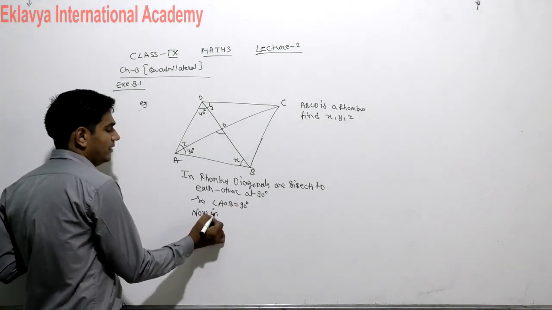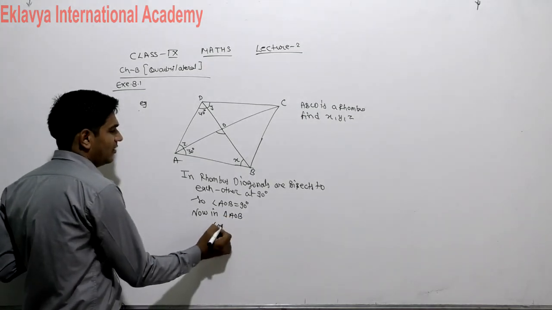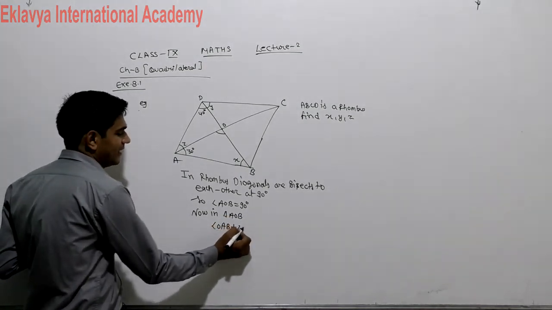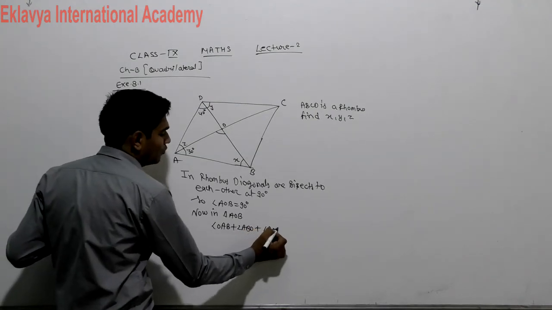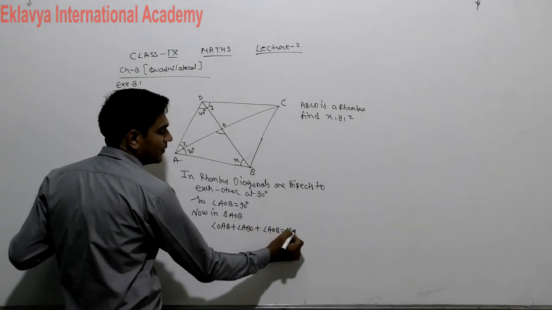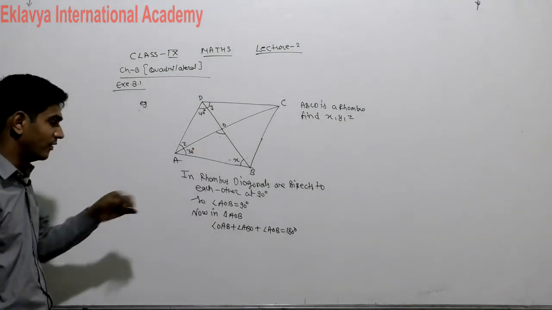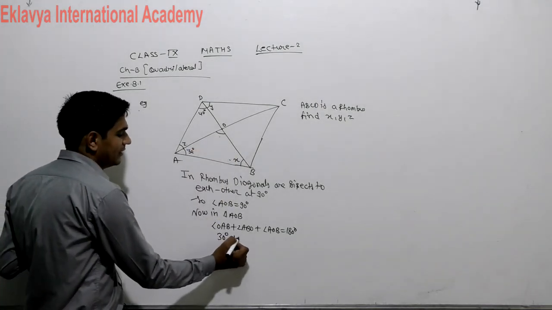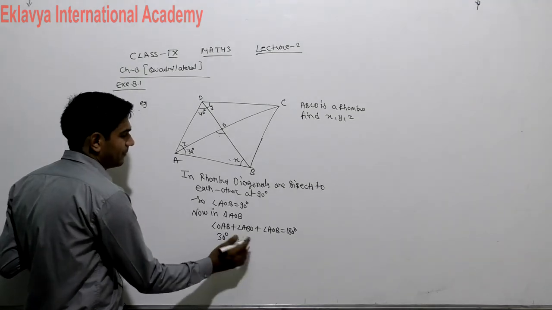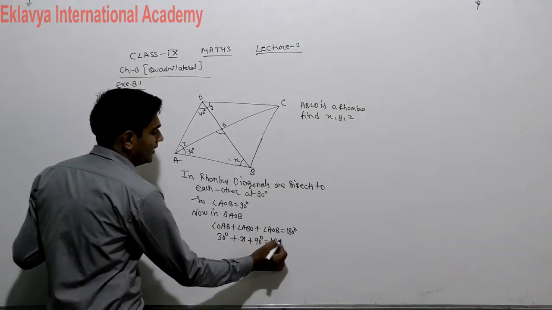Now in triangle AOB, angle OAB plus angle ABO plus angle AOB, using angle sum property, is 180 degree. Sum of this angle plus this angle plus this angle is 180 degree. What is the value of angle OAB? 30 degree. ABO is x, plus 90, 180 degree.